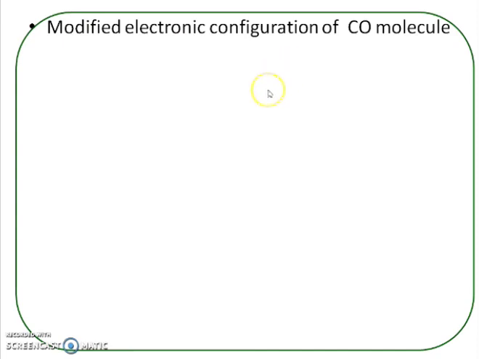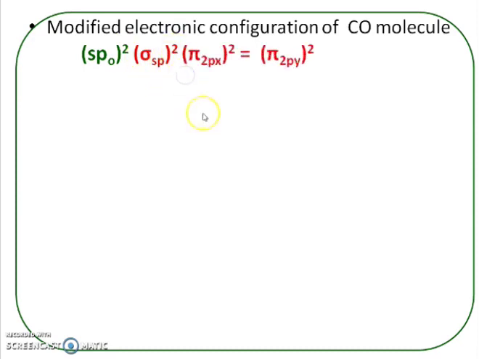Then the modified electronic configuration of carbon monoxide is: the lowest energy sp hybrid orbital of oxygen contains 2 electrons, so sp(O) 2, then sigma sp 2, then pi 2px 2, pi 2py 2, and the sp hybrid orbital of carbon also contains 2 electrons. So this is the modified electronic configuration of carbon monoxide.